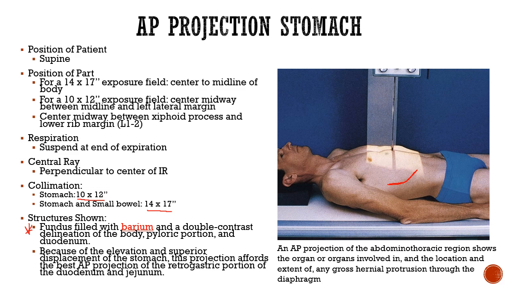Because of the elevation and superior displacement of the stomach, this position affords the best AP projection of the retrogastric portion of the duodenum and the jejunum. And something else, an AP projection of the abdominal thoracic region shows the organ or organs involved in location and extent of any gross hernial protrusion through the diaphragm.